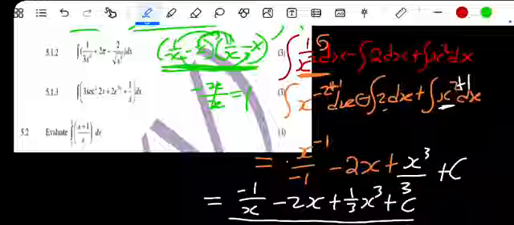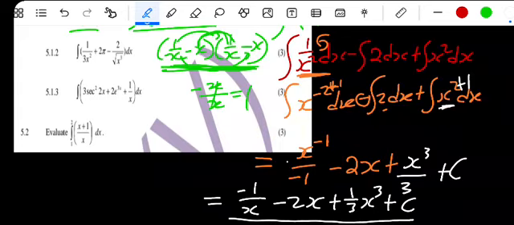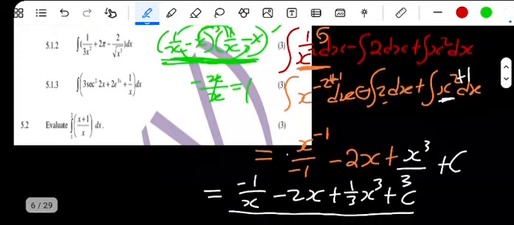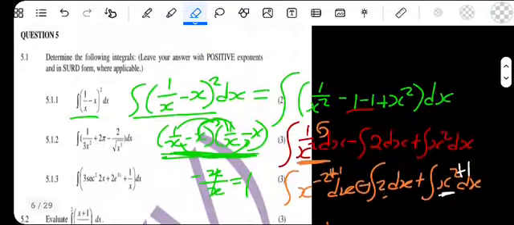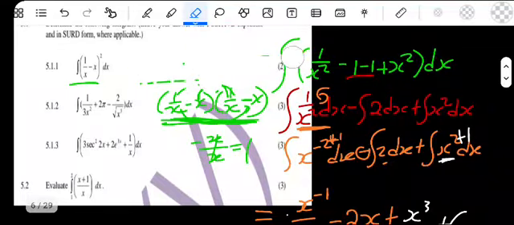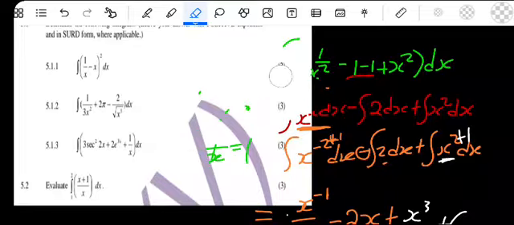So we have now part 2. Here is our part 2 there.